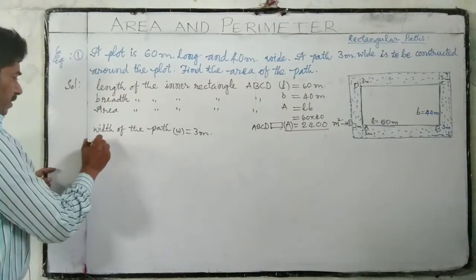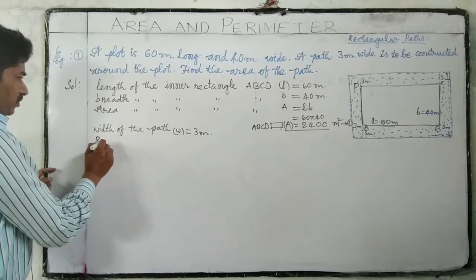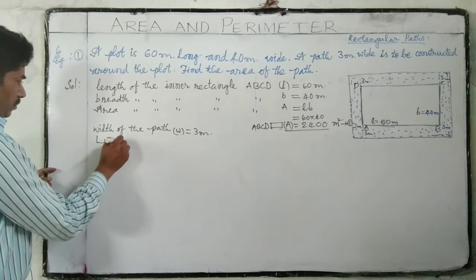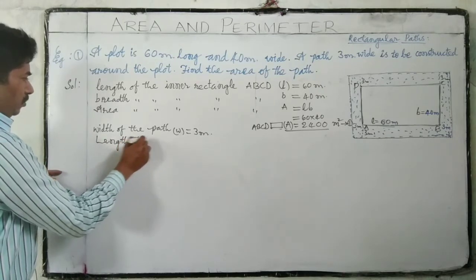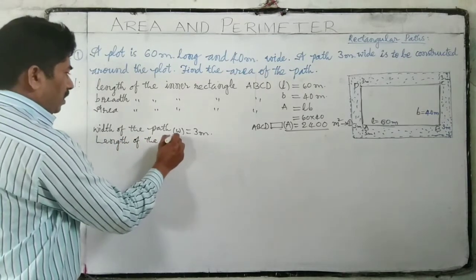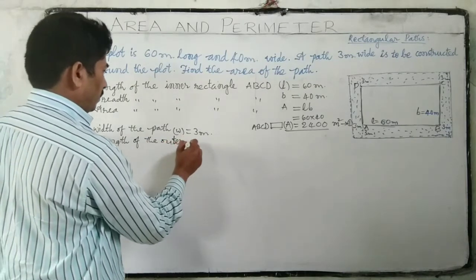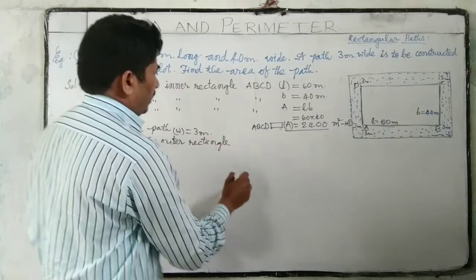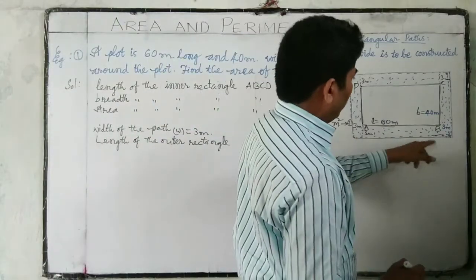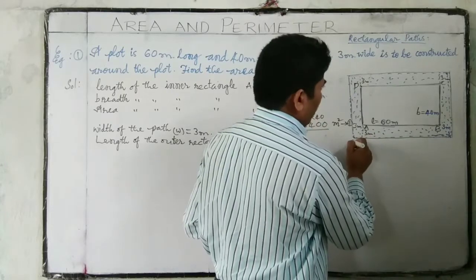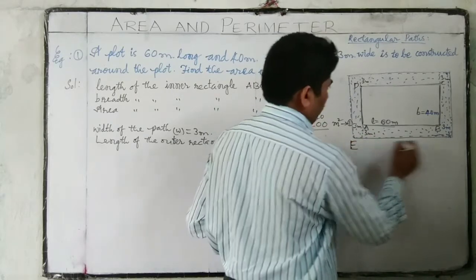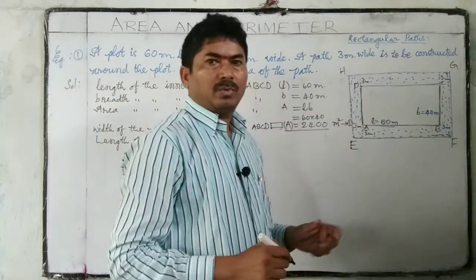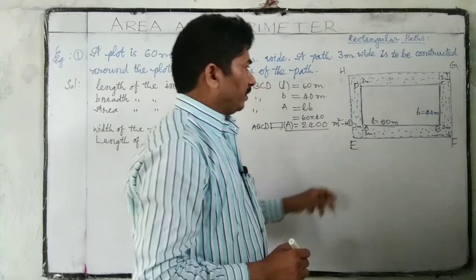So outer rectangle, first length of the outer rectangle. We can indicate A, B, C, D, E, F, G, H to identify easily.